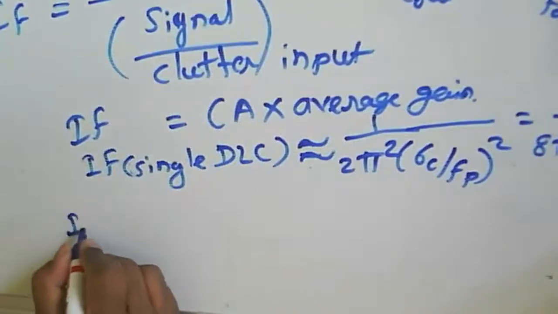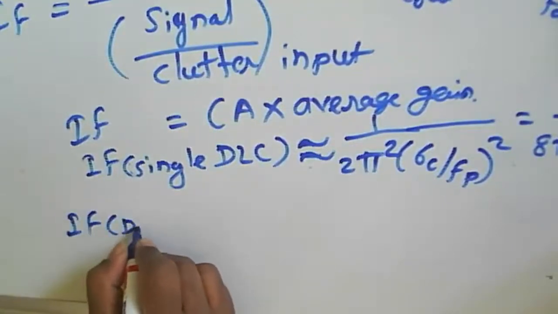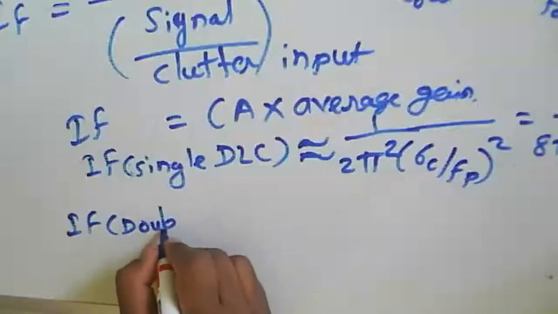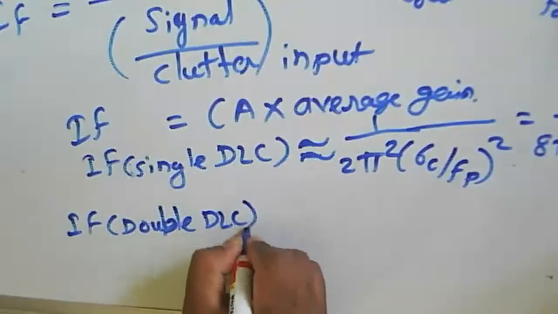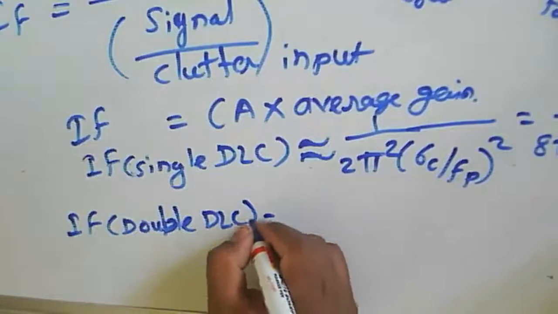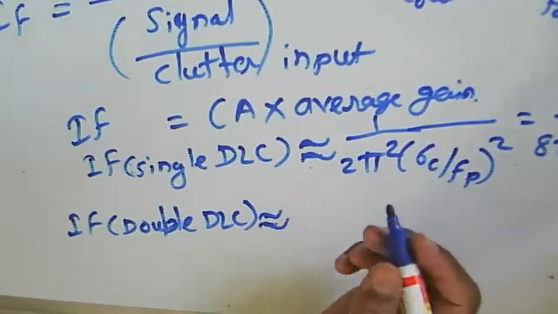Then the improvement factor for the double delay line canceller is equal to, so it will be 6 times.